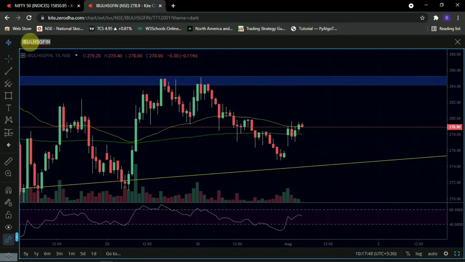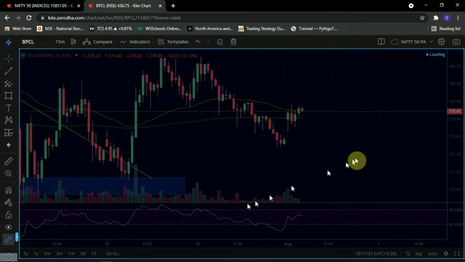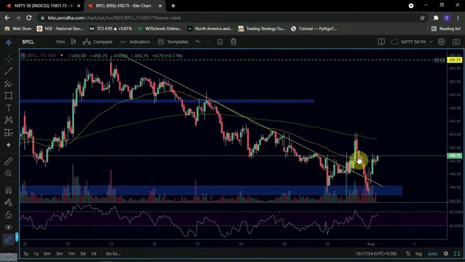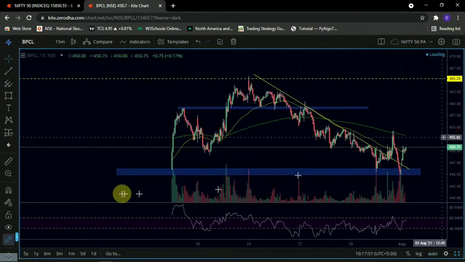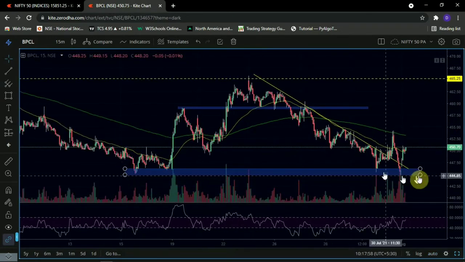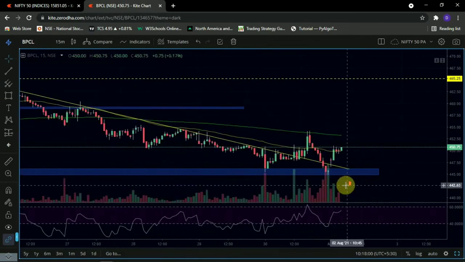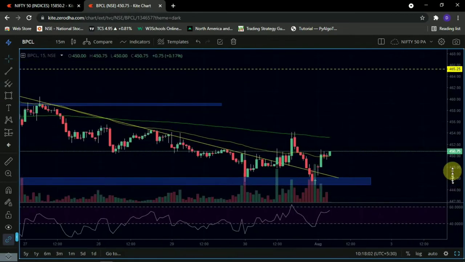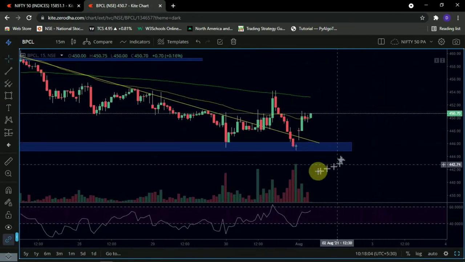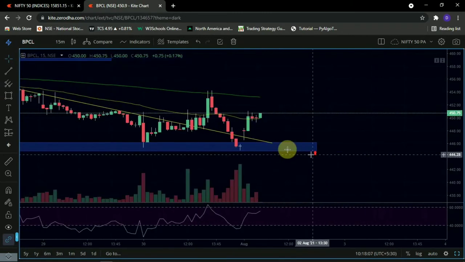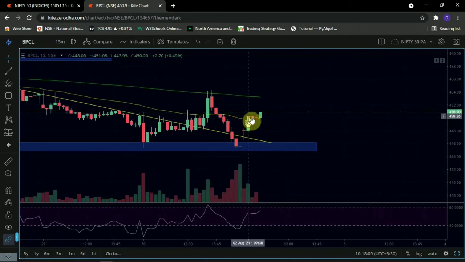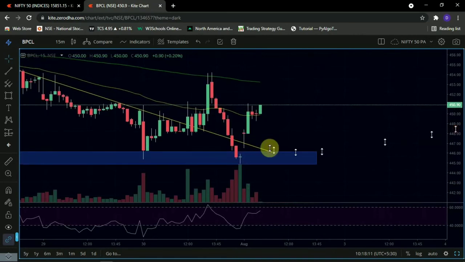Then the last one is BPCL. BPCL was in a very good form. This was the demand zone. Yesterday it closed near the demand zone, and today it is opening gap up, and it has crossed the 50 EMA.